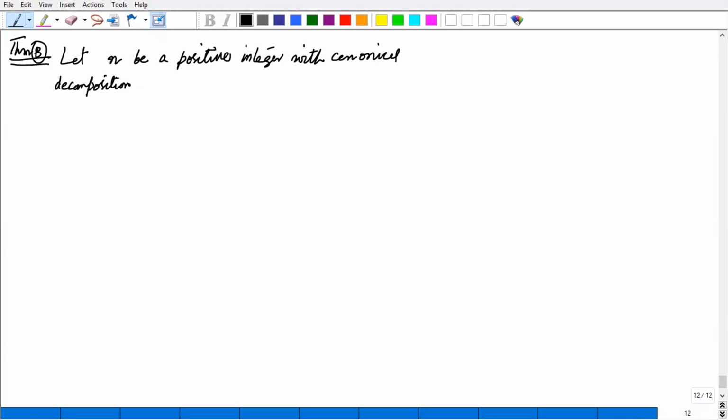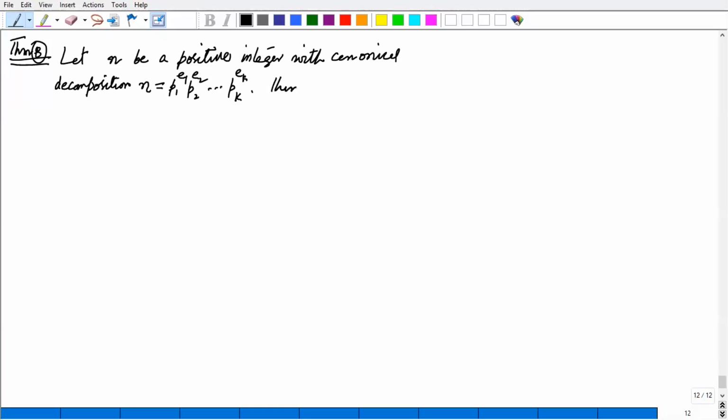Canonical decomposition means the prime factorization of any integer: p1 to the power e1, p2 to the power e2 till pk to the power ek, where p1 to pk are distinct primes and e1, e2 till ek are positive integers.